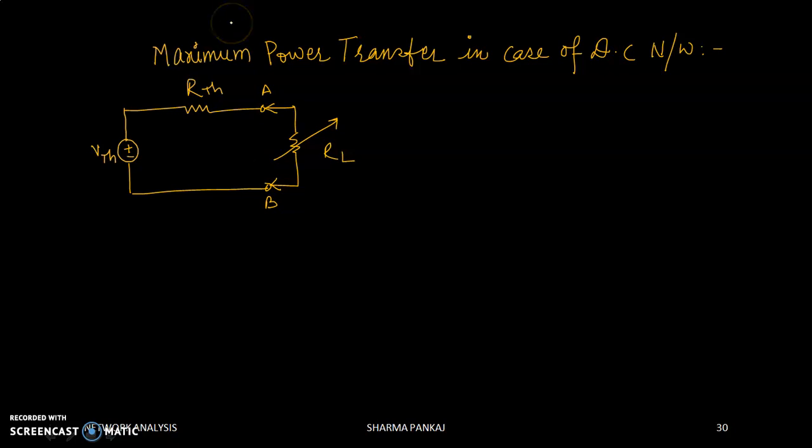Okay, this is the load current flowing, IL. IL is flowing across this closed path containing VTH, RTH, terminals A, B connected with RL.